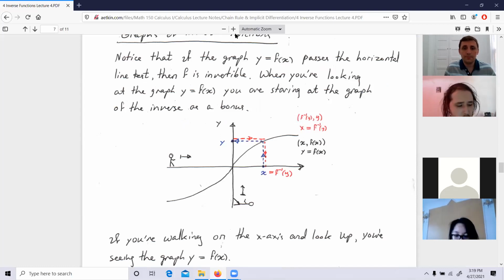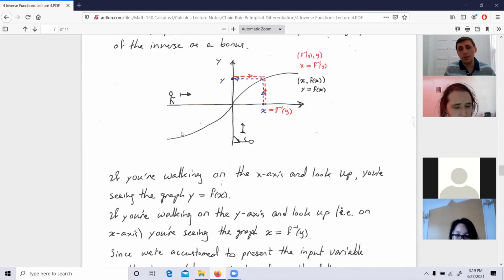So this guy tells us what? Here is the general situation. Here is the general curve, and the inverse is viewed exactly by the guy walking on the y-axis here. If this is the function, viewed this way, the inverse is understandable if you walk on the y-axis. Do you see why?